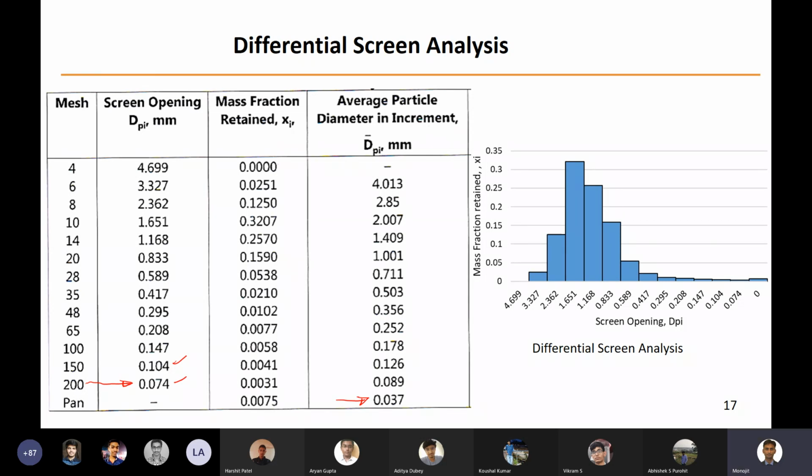Give me the total weight of particles which pass through the 35 mesh screen. Can you give it from this differential analysis directly by looking at the graph without doing any alteration? I want the undersize of mesh number 35.